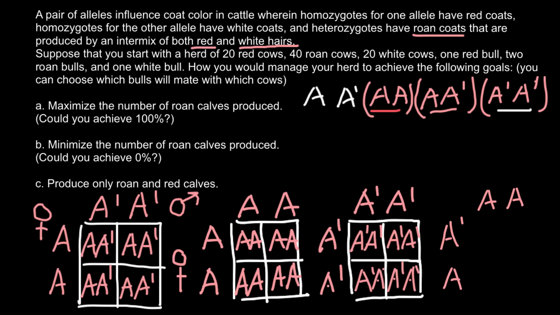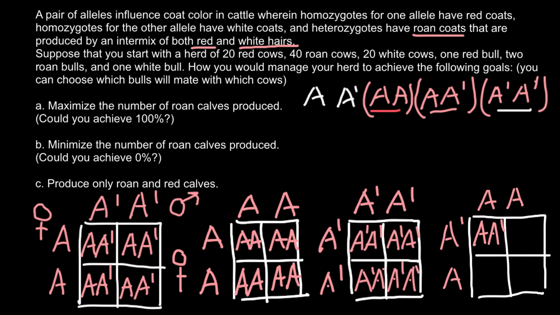As you see, the result of such a cross would be 50% of the roan color, or heterozygotes, and 50% would be red. Once again, we can take, for example, a cow that is roan and a bull that is red, and vice versa. We can take a bull that is heterozygous roan and a cow that is red, and we are going to get the same results.